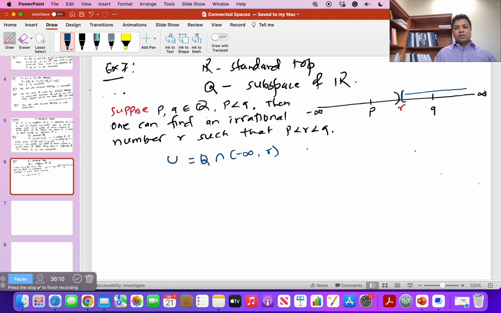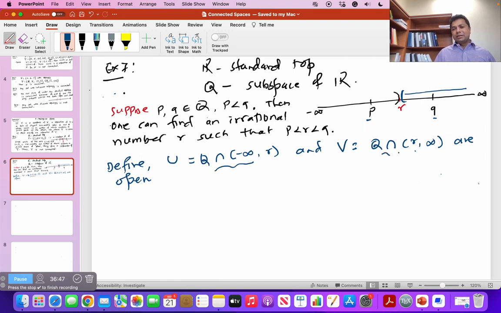So let's define U like this, and B in the same manner, but take the intersection of Q with the other open set, from r to infinity. These are open, and obviously non-empty, because the first one has p and the second one has q, which are rational numbers.